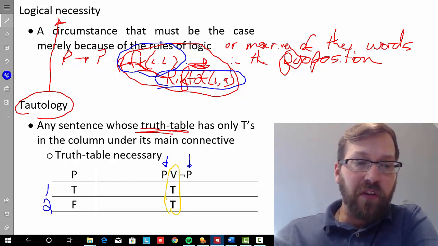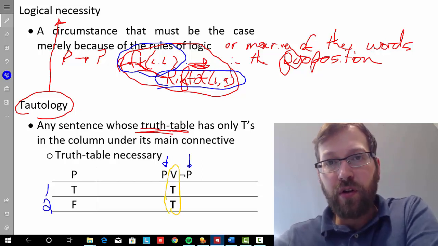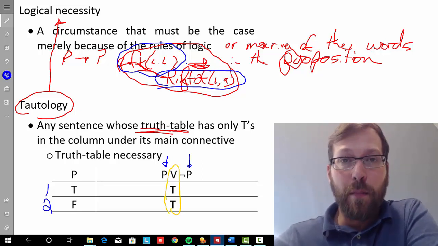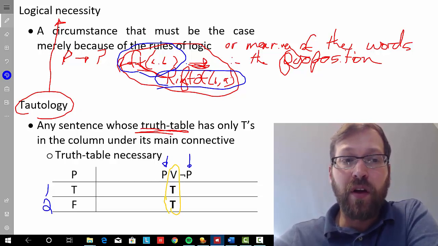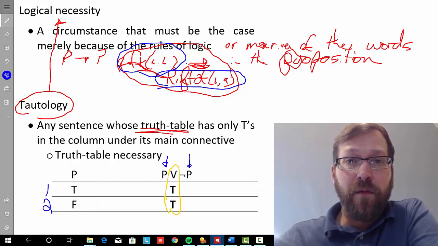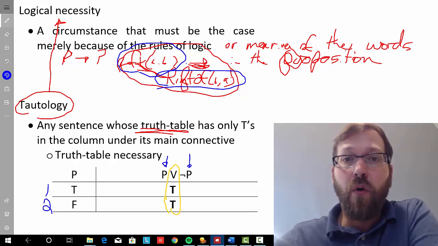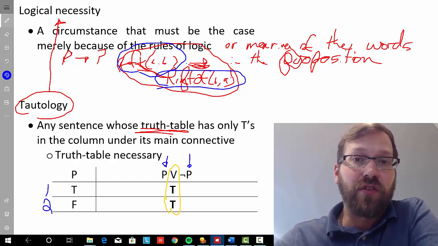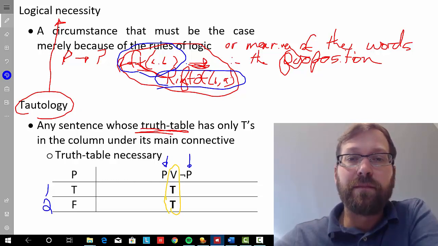And so really then what we can see is that for a tautology, what makes something be a tautology as opposed to some other type of logical necessity is that what is forcing the proposition to always be true is the truth functional connectives. When that's the case, you have a tautology. When you're relying on things that go beyond the truth functional connectives, that force something to be true always by the meaning of the words and the rules of logic, then it's still a logical necessity, but it won't count as a tautology.